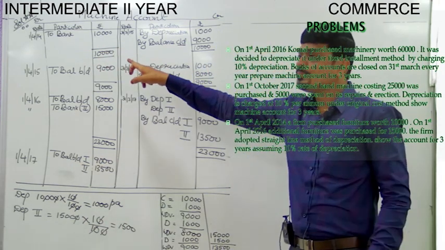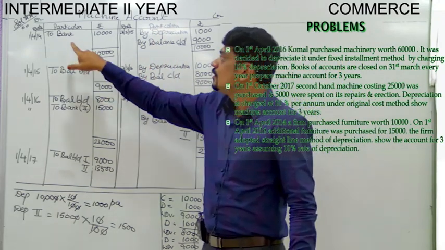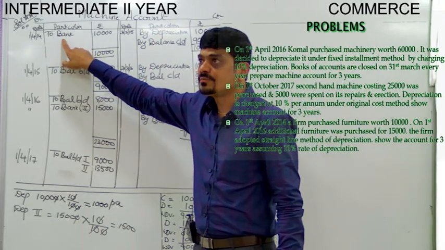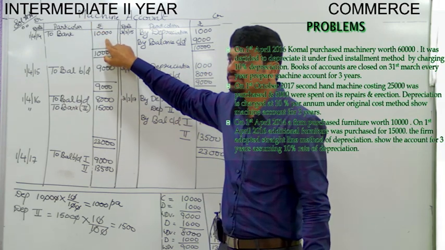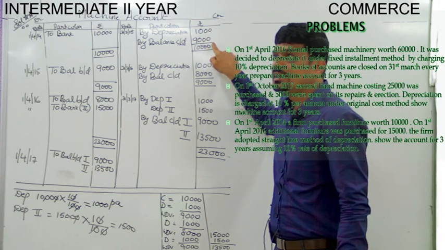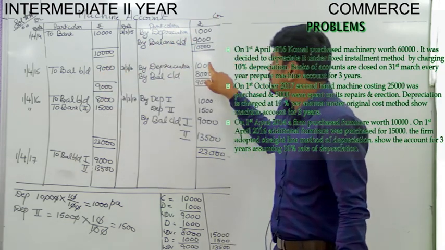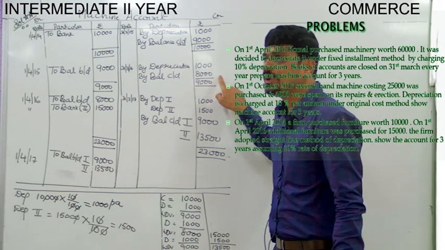Again, let us see the solution for a while. 3rd question. Bought the first machine for 10,000. Depreciation 1,000, 9,000 written down value. Brought down. Again charged 1,000. Brought down 8,000.